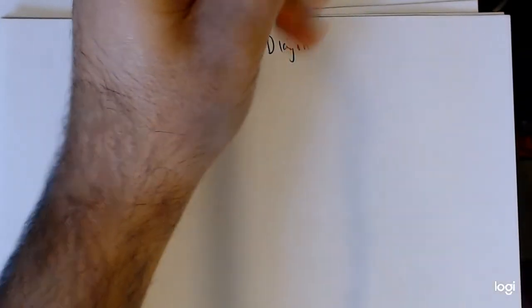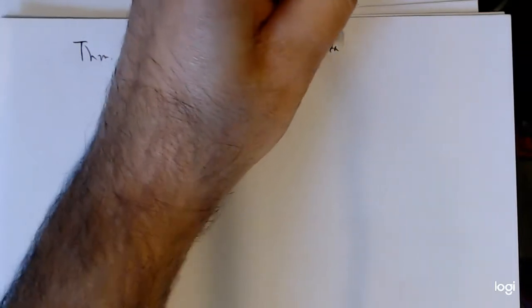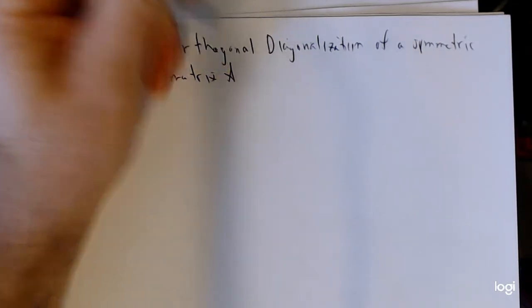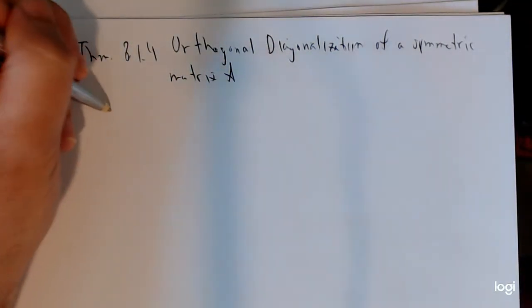So this theorem says orthogonal diagonalization of a symmetric matrix A. These are the steps, and I'm sure you can guess.